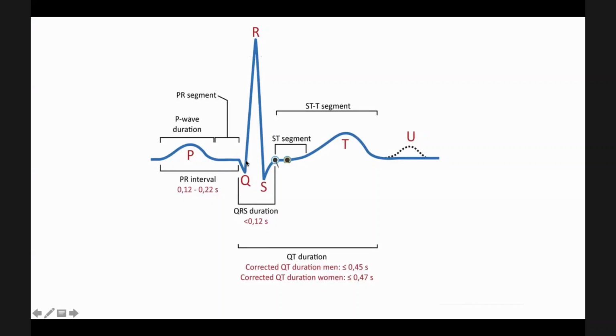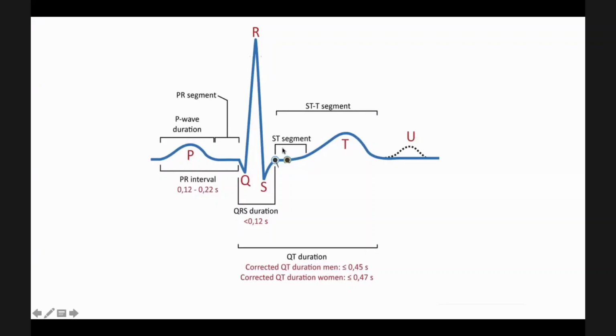The QRS is usually less than 0.12, around 2.5 small squares. If it is more than that, we call the QRS widened. So the duration of the QRS and the PR are all important.